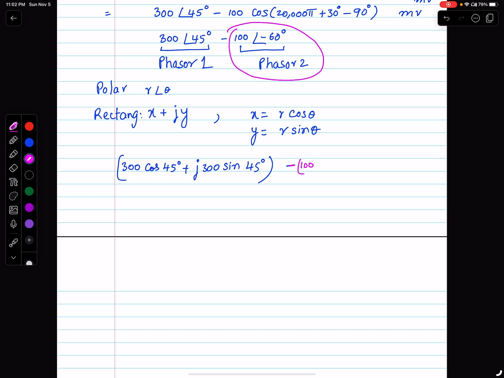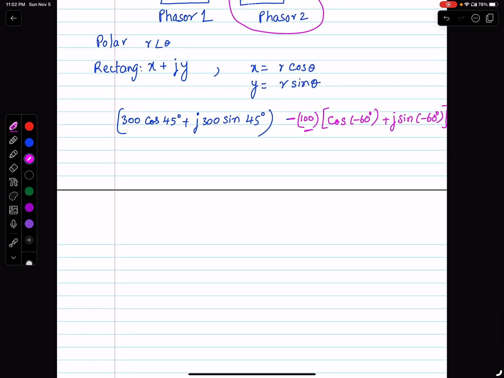Okay, or I can factor out 100. Now cosine negative 60 degrees plus j sine negative 60 degrees, right? Because I already factored out this guy. It is straightforward.